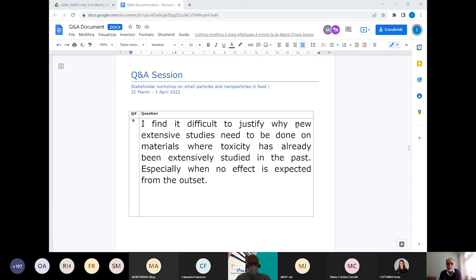Was proper dispersion of particles done during the test and all that? And if you then find that the existing studies cover already any risks from particles, small particles, including nanoparticles, then that can be put into a weight of evidence and submitted as part of the risk assessment. So new studies are not asked for to start with.